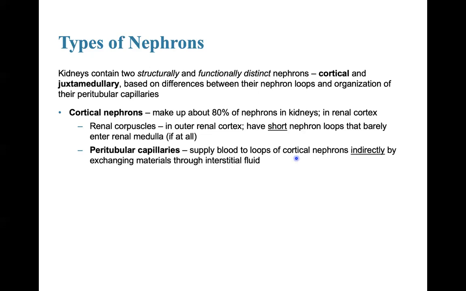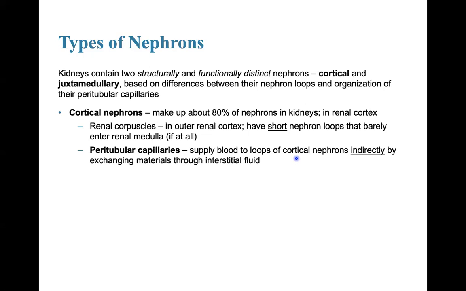The juxtamedullary nephrons will dip down into the medulla region of the kidney. Your cortical nephrons make up about 80% of the nephrons in the kidneys, and they are primarily located in that cortical region.